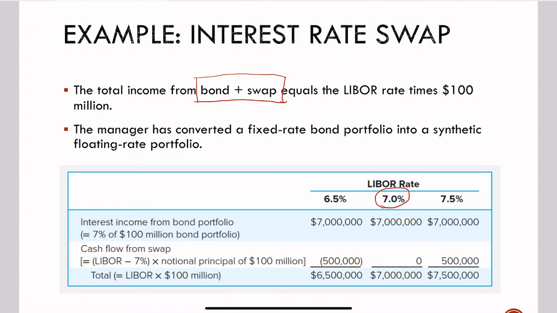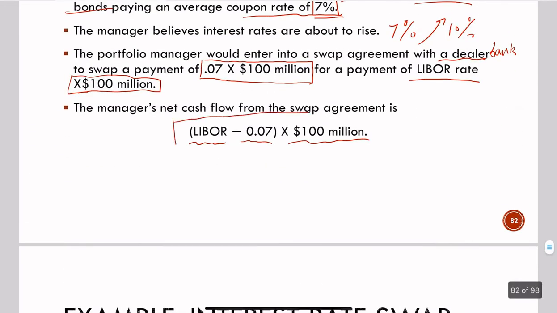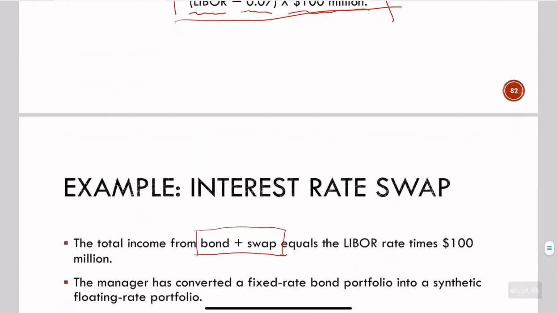Now you can see that obviously the interest income from your bond portfolio would be this, right? And then the cash flow from this agreement would be 0, because the cash flow from the agreement is the difference in the interest rate times your $100 million of par value.